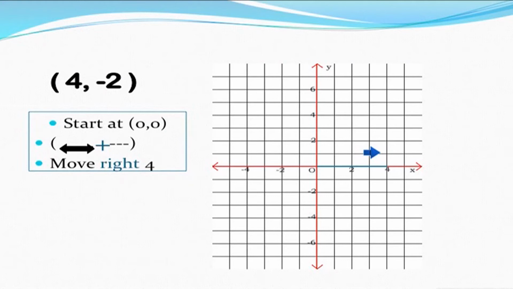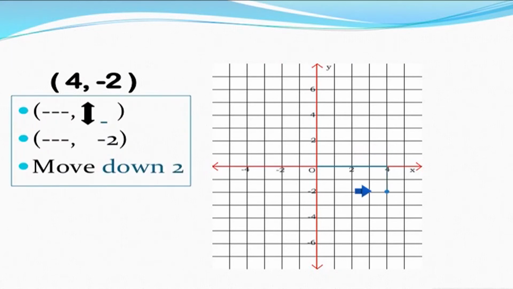Now let us look at graphing (4, -2). 4 is positive, so we go right on the horizontal axis, and 2 is negative, so we go down from the origin by 2 points. The lines from 4 and -2 drawn vertically and horizontally will intersect at the point (4, -2). Now let us look at the graphing of (-3, 5).